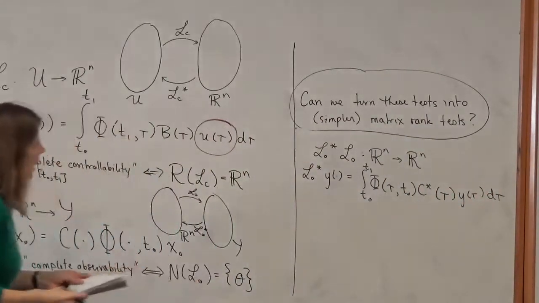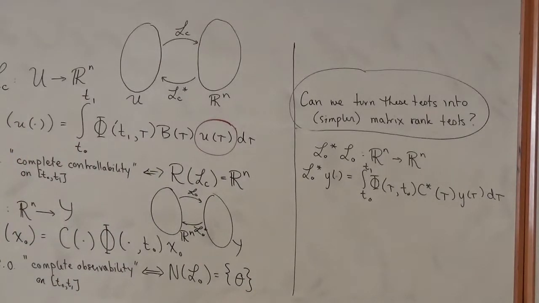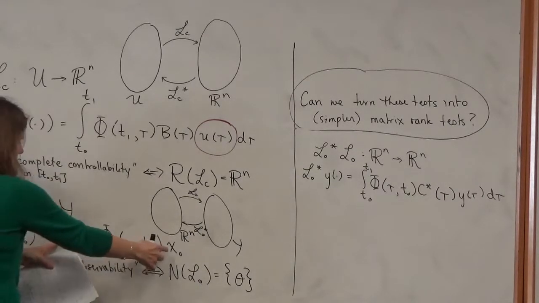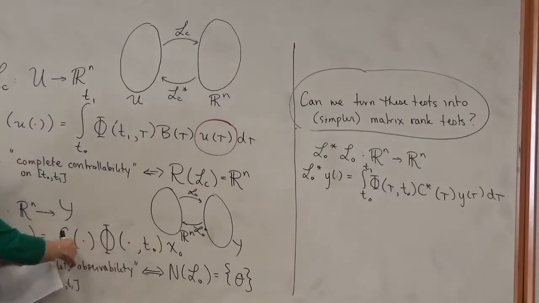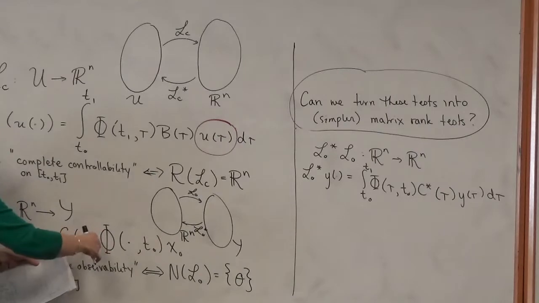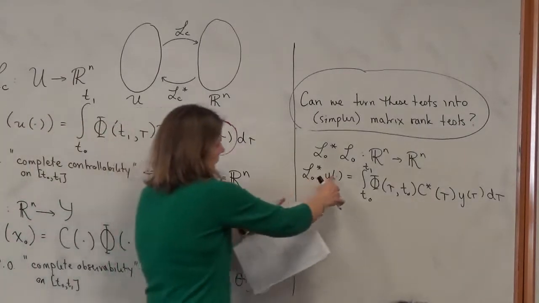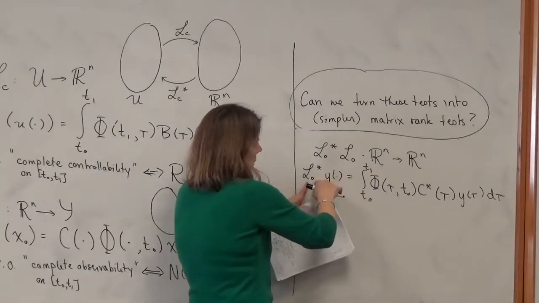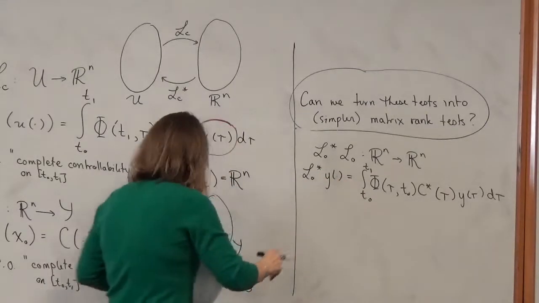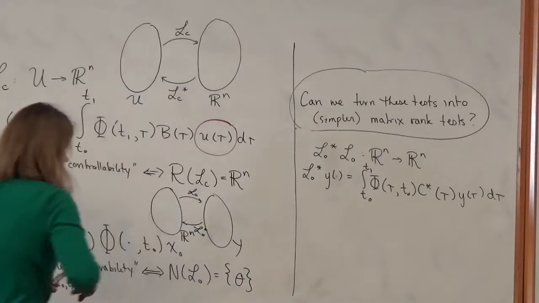Now let's look at the map LO star LO. So LO is over here, and we're first applying LO. We're taking a state x naught in Rn and applying LO to get this function y, and then we're operating with LO star. Let's use the same color coding we had before.